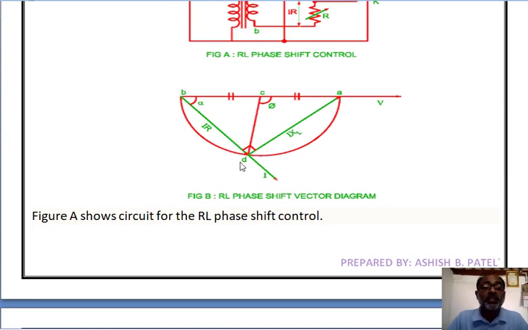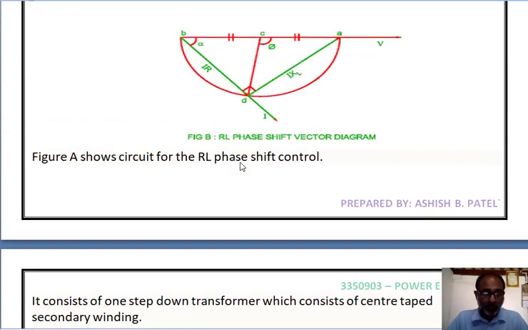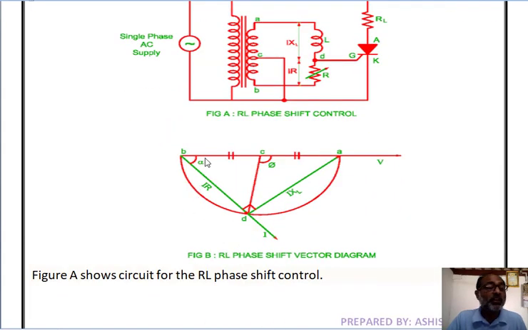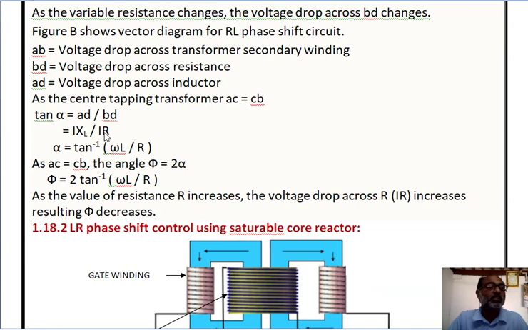Now we can write tan alpha is equal to AD divided by BD, so tan alpha is equal to I XL divided by I R. Now alpha is equal to tan inverse of omega L by R, where XL is 2 pi F L, divided by R.